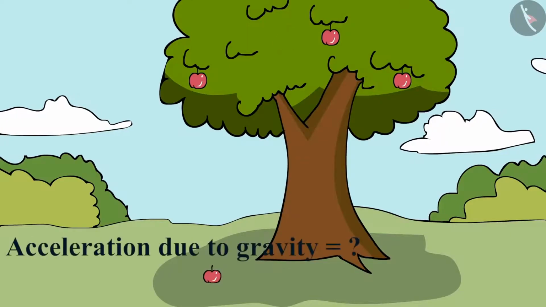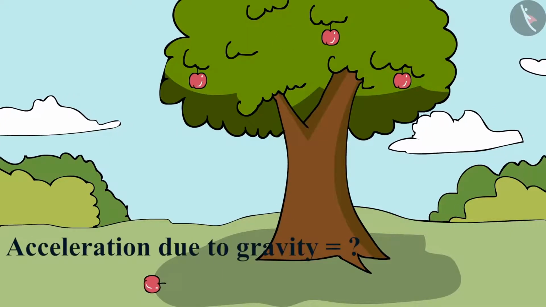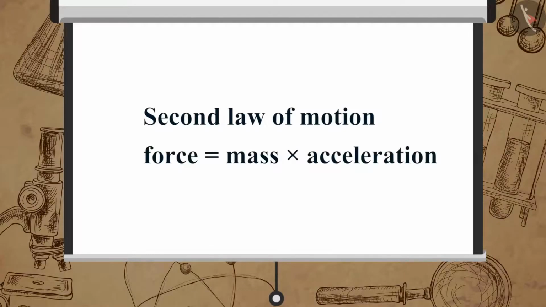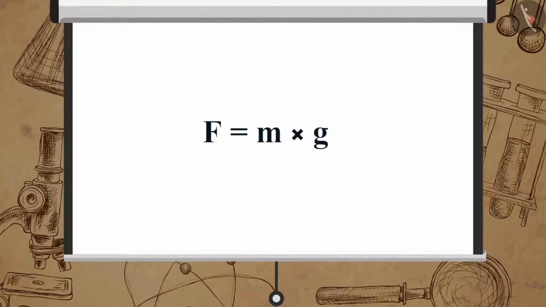Now, let us derive the formula for acceleration due to gravity. As we know from the second law of motion, force is equal to mass multiplied by acceleration. Let the mass of the ball in the previous activity be m, and as we learned, there is acceleration involved in a free-falling object, which is denoted by g. So, the magnitude of the gravitational force F is equal to m multiplied by g.